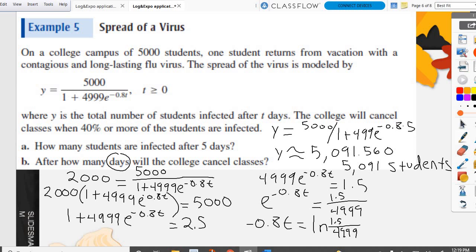So then what's our last step? Divide by negative 0.8. Correct. So we would have t equals the natural log of 1.5 divided by 4,999. And again, that's all inside of our logarithm. And then we're going to divide that by negative 0.8. And you get 10.5.